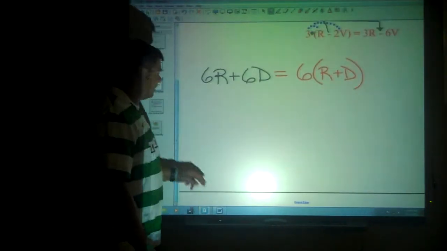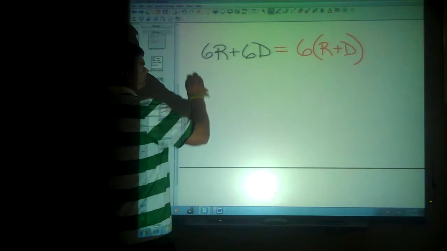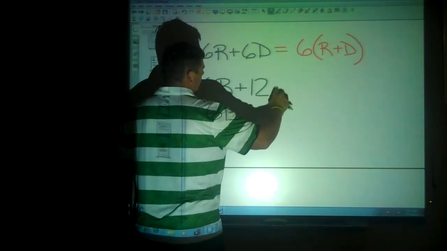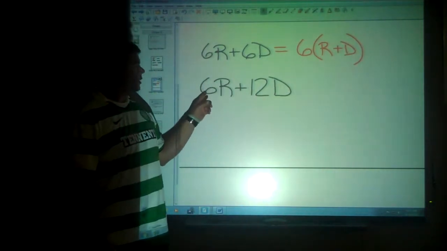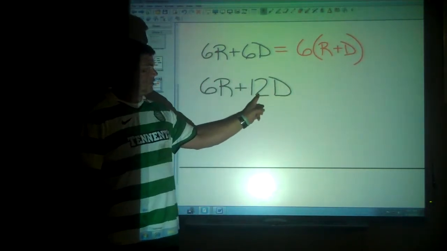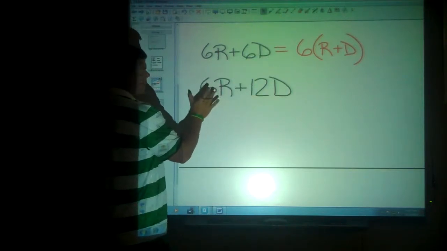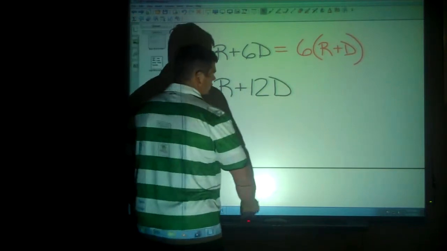So let's make it a little bit more complicated, not much. To give you the idea, we'll keep kind of the similar idea, 6R plus 12D. Now, 6 can still go into this, and 6 can still go into this, but it won't be the exact same answer. But I know that the biggest value that can go into both 6 and 12 is 6.